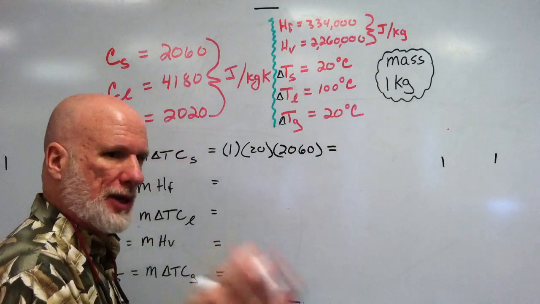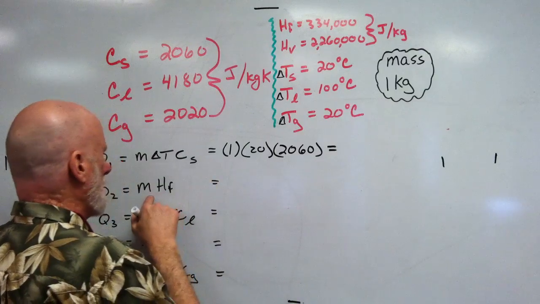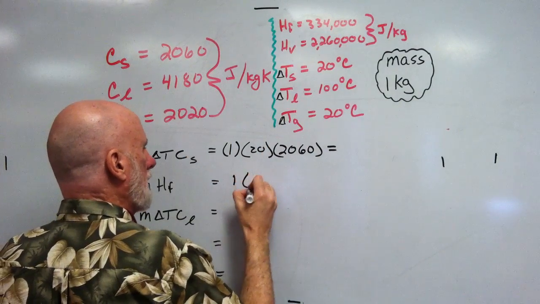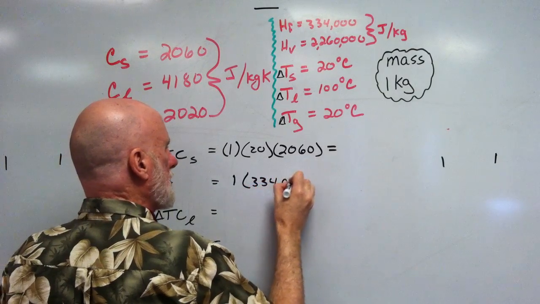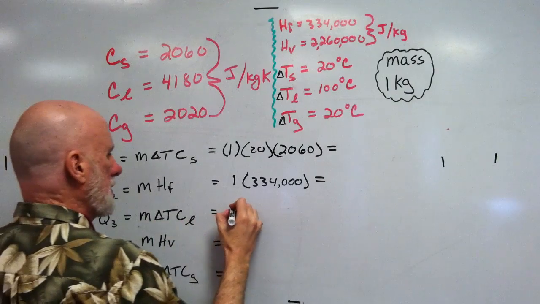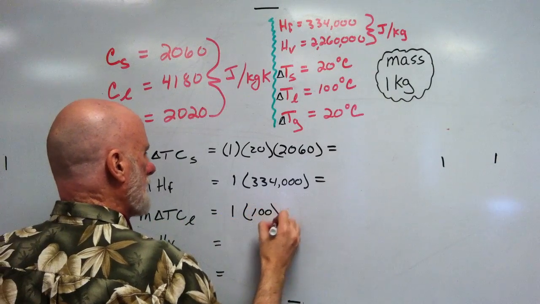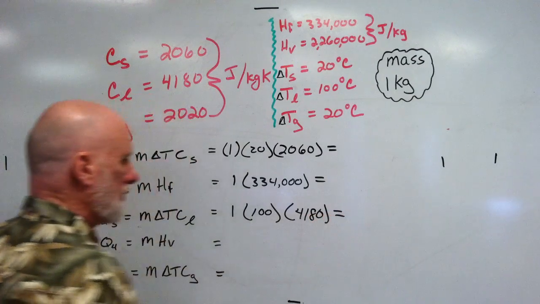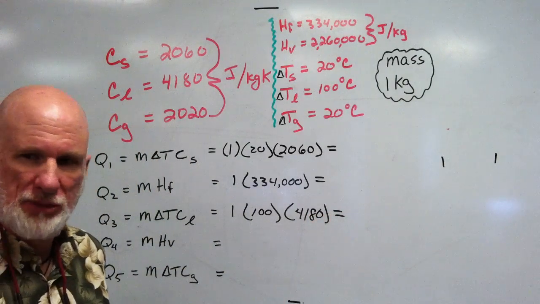So you're going to do that for me. I'm going to come back to that, okay? The next one is mass times the heat of fusion, so it'll be 1 times 334,000 equals. And then this is mass 1 times 100 times 4180 equals. You with me so far? Just plugging in.